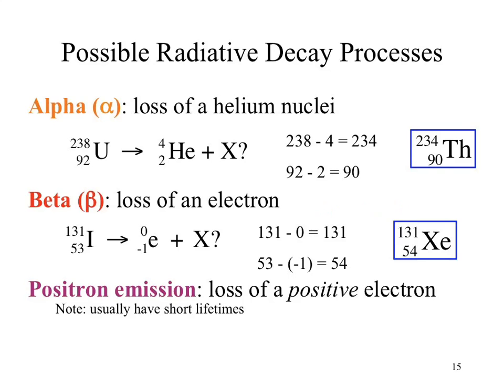Okay, what happens with a positron emission? This is an interesting one. It's the loss of a positive electron. What kind of symbol should we come up for that? What letter symbol should we use? E, why E? Because it's an electron. What is the mass of that electron? 0.